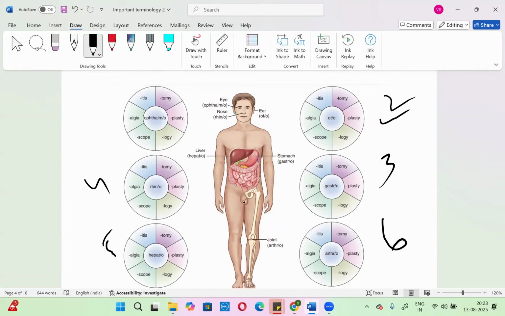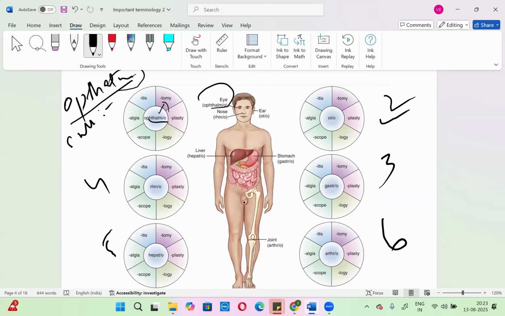For example, ophthalmotomy is there. All together, we call it ophthalmotomy. So what is the meaning of this? Ophthalmo means eye. So what are they doing? Otomy. Otomy is cutting in the eye. So like this, I want you to write for the remaining also.